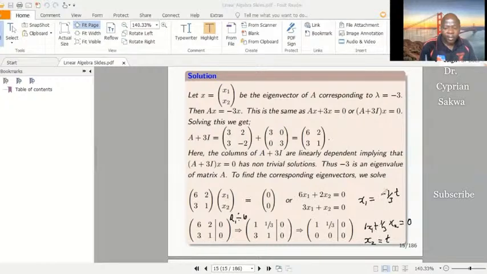So x1 is negative a third t, while x2 is t. Now, this t is the any parameter, and one might want to make it 1, or let t be 2, or let t be 3. So if t is 3, then what would be x1? x1 would be negative 1.